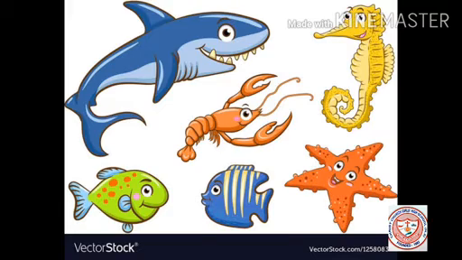They live in water, and they are known as aquatic animals. Like in sea water, we can find many kinds of aquatic animals. Seahorse, octopus, and many more.